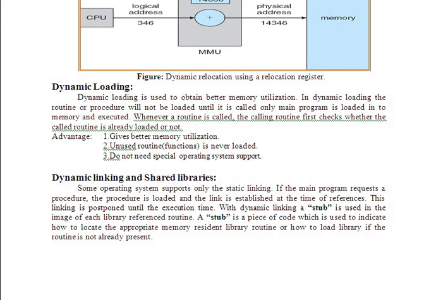Sometimes conditional statements are there, so we have to go from here to there. So we use dynamic linking, wherein a concept called a stub is used. What the stub does is help locate where exactly a particular routine is placed in memory, and if not, how to bring it from wherever it is. I hope the whole concept is clear now.